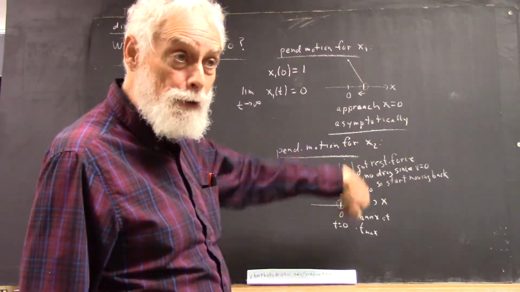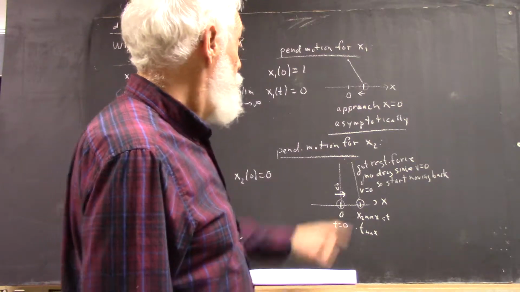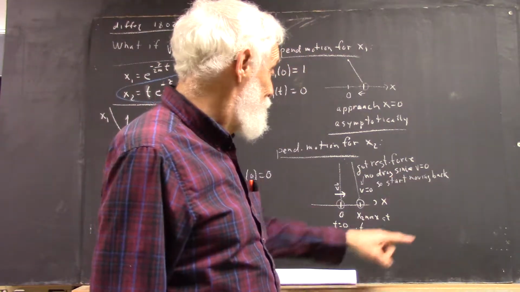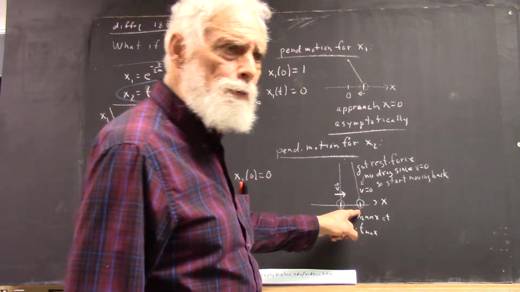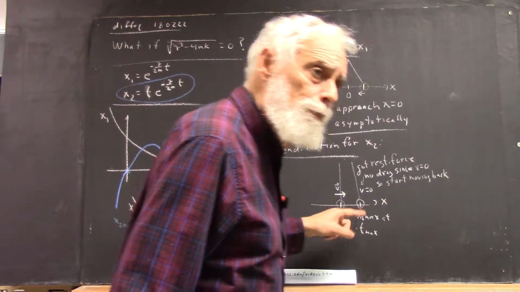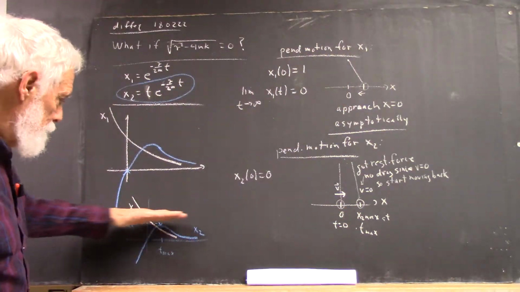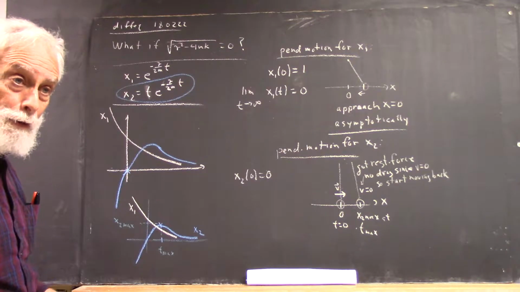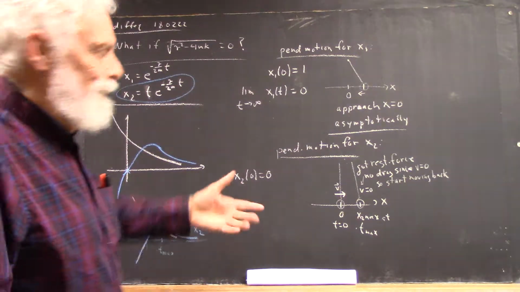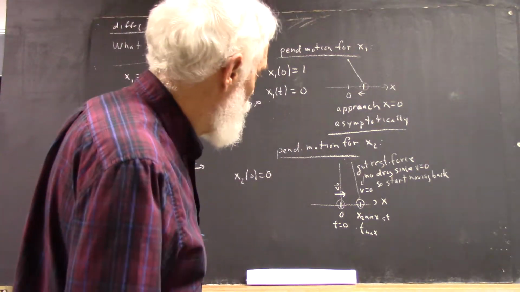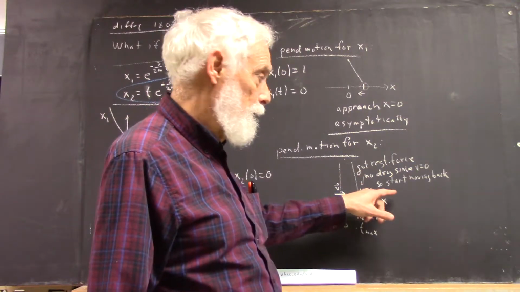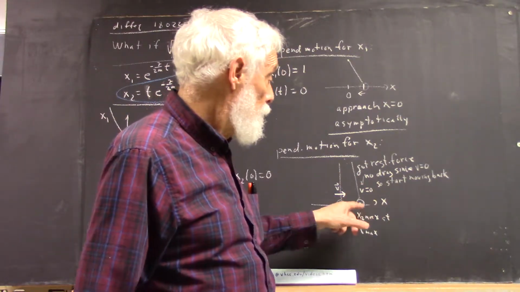You've got a force pulling you back. Okay? You have no drag because at your maximum position, your velocity is 0. And of course, the slope of your graph is 0. That's your velocity, and that goes back to your first derivative test and so forth. So make sure we understand the connection.